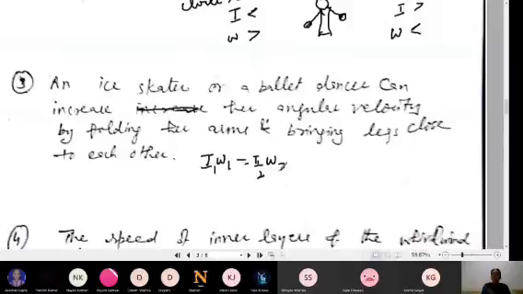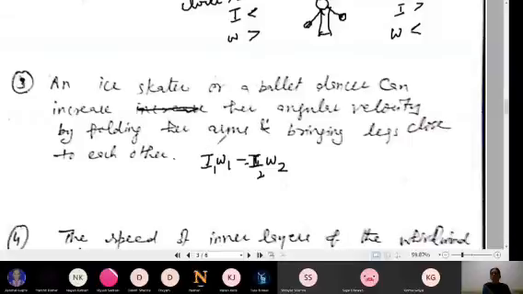This is the same formula. You have to see how the R is changing, and by that you can explain the change in the moment of inertia and hence the change in the angular velocity.